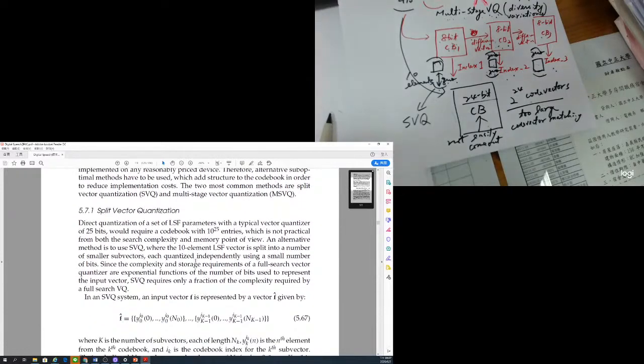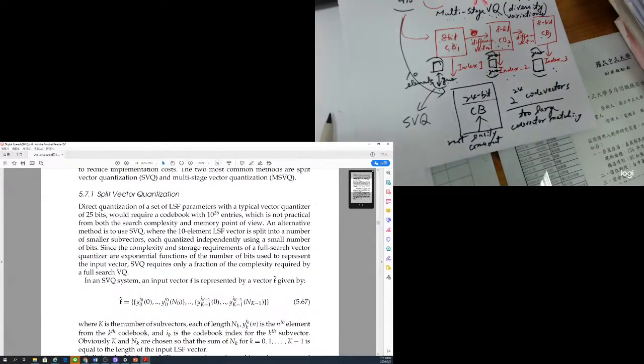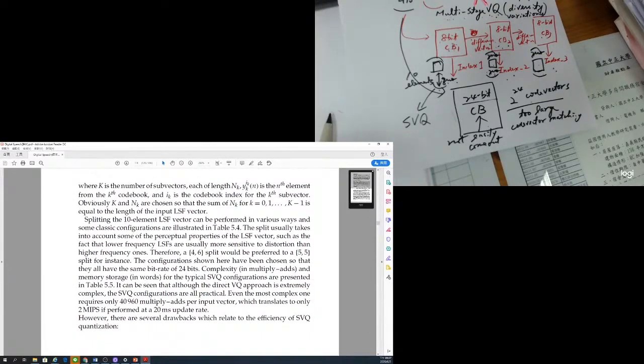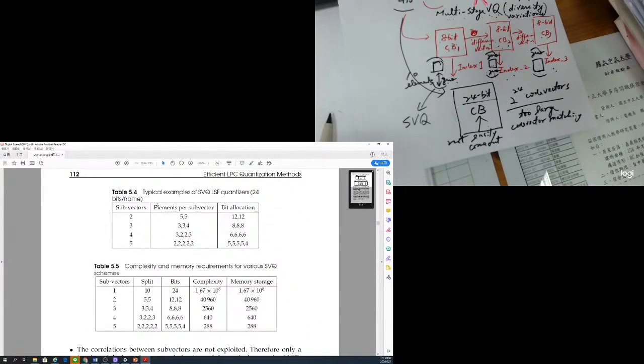Split vector quantization partitions the original vector into many subvectors, and each subvector is quantized separately. Here is an example: with 2 subvectors the split is 5, 5; with 3 subvectors it is 3, 3, 4; and with 4 subvectors it can be 3, 2, 2, 3.